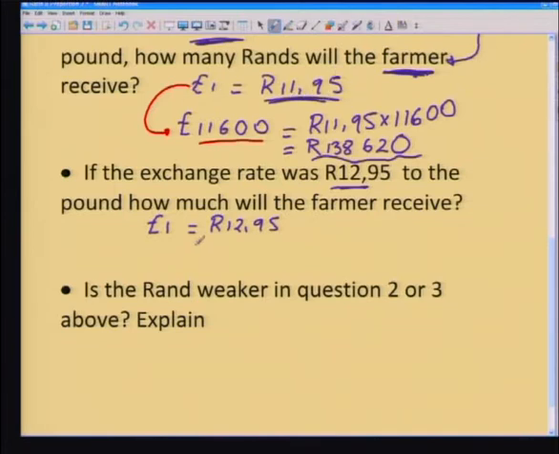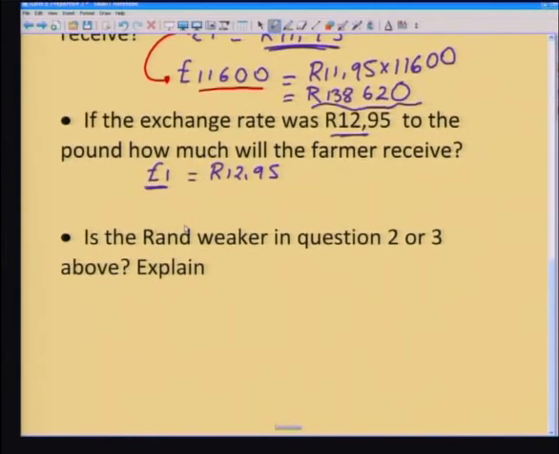So now we've got to pay more rands in order to buy just £1. Straight away that should get your brains thinking, what does it mean when I have to pay more rands to get £1? Well, we're going to see.